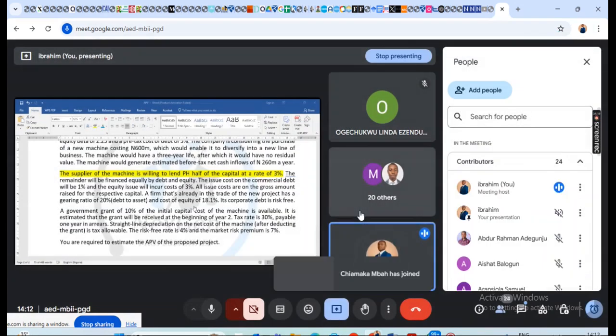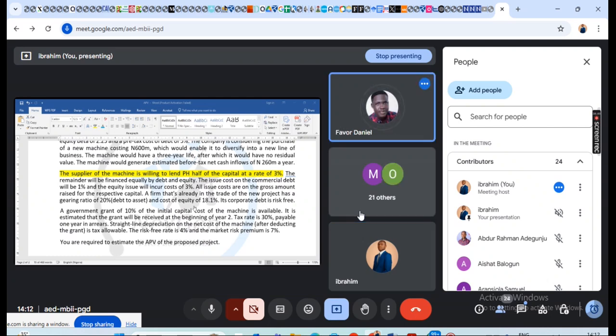So definitely you would have included it in year 1, so that you will receive it at the beginning of year 2. That is what it means. Class, am I communicating? Yes, sir.